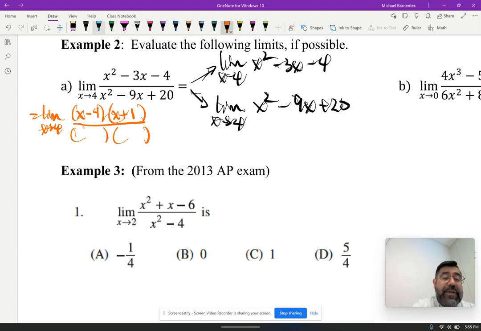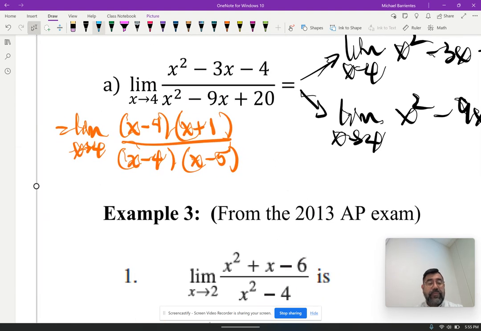And if we do the denominator, it's going to be x minus 4, x minus 5. Well, what do you notice about this setup? The top and the bottom both have a factor of x minus 4. So we can reduce that out.